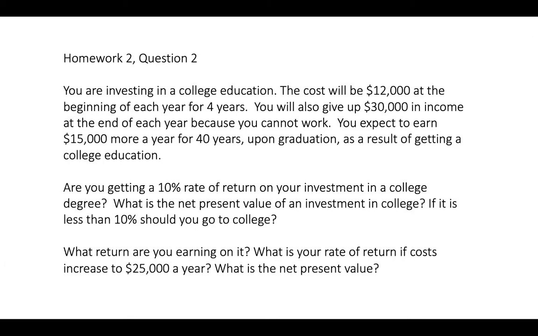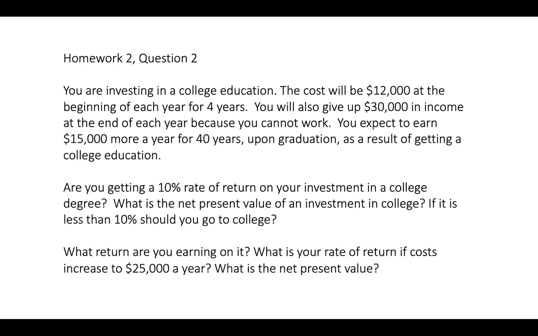You expect to earn $15,000 more a year for 40 years upon graduation as a result of getting a college education. Notice you're getting paid at the end of the year when you're working and not going to college. So when you start working after college, that $15,000 is going to accrue at the end of the year.